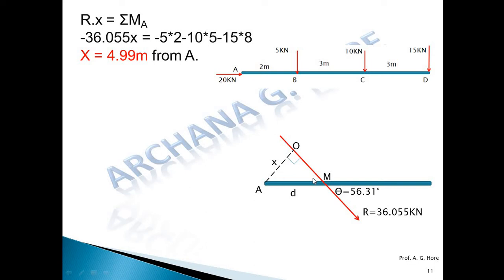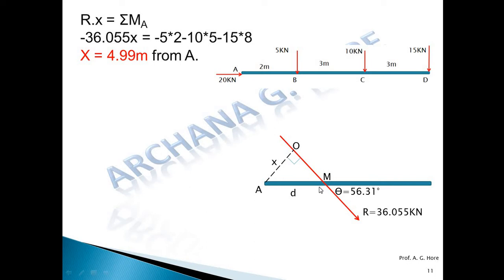Now we want to find out this d in this triangle. This is the perpendicular distance. So this triangle AOM is nothing but a right angle triangle, and we have the x distance and we have this angle. So this angle's opposite side we know, and we want to find out the hypotenuse of that right angle triangle.